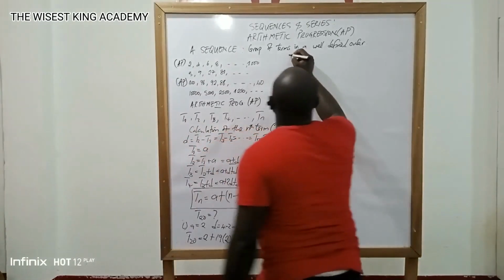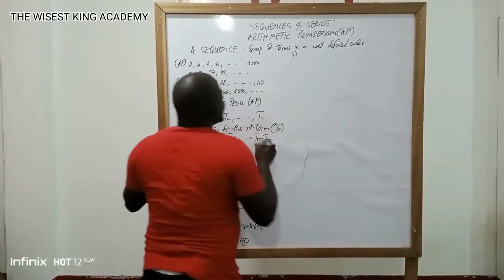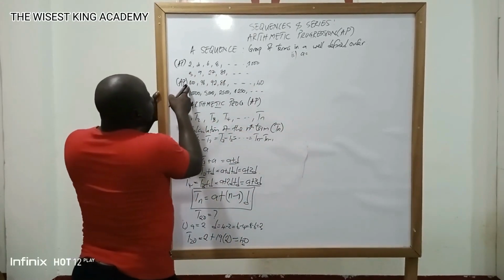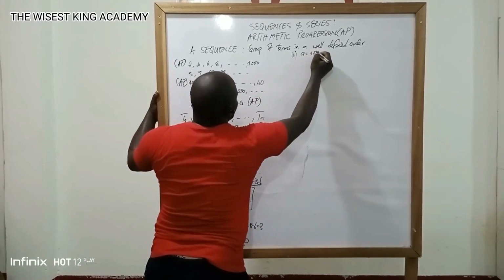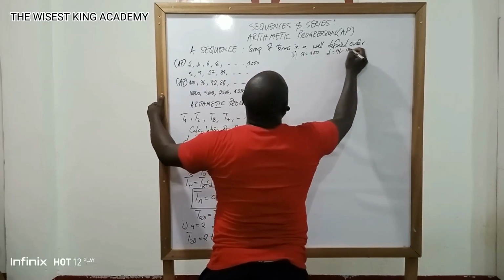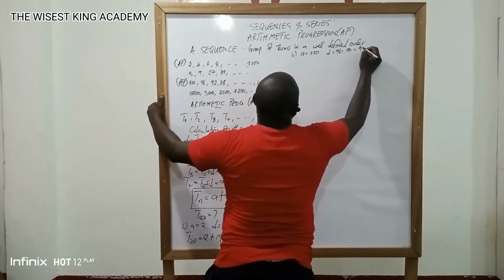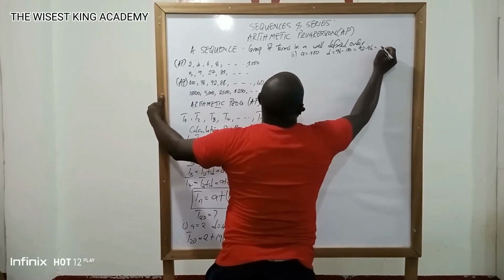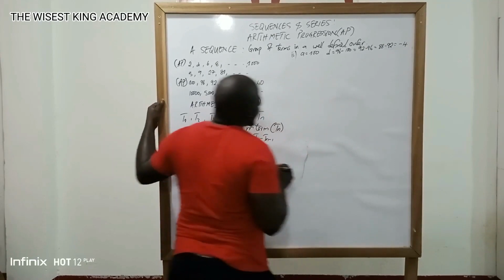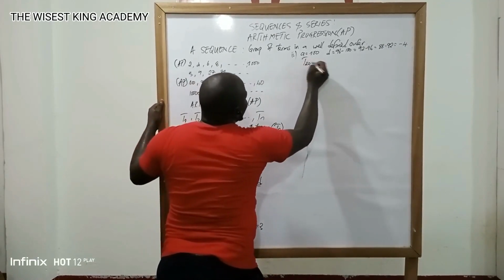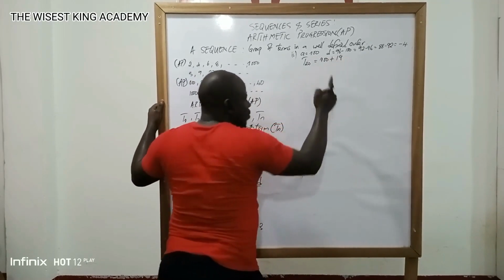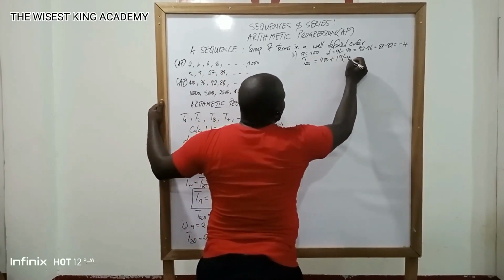Let's take example 2. The first term of example 2 is 100. The common difference will be either 96 minus 100, or 92 minus 96, or 88 minus 92, which is equal to minus 4. So our T20 here is A plus, our A is 100, plus 19, that's 20 minus 1, times minus 4.